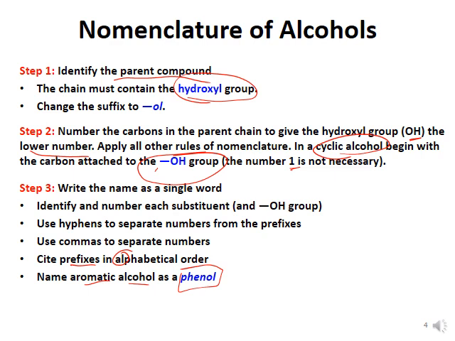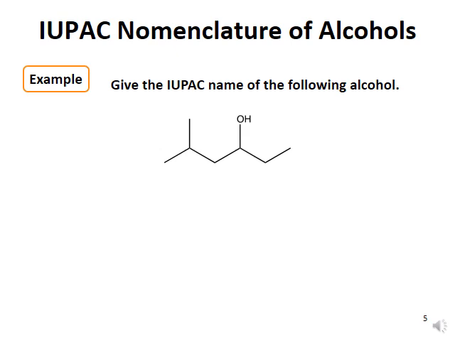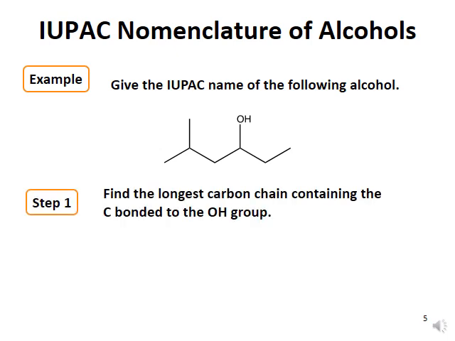All right, examples. IUPAC name of this guy. What's our first step? Find the longest carbon chain containing the carbon bonded to the OH. And the longest carbon chain is here. And I think it's clear that we would count 1, 2, 3 versus 1, 2, 3, 4. So we're going to start the counting here.